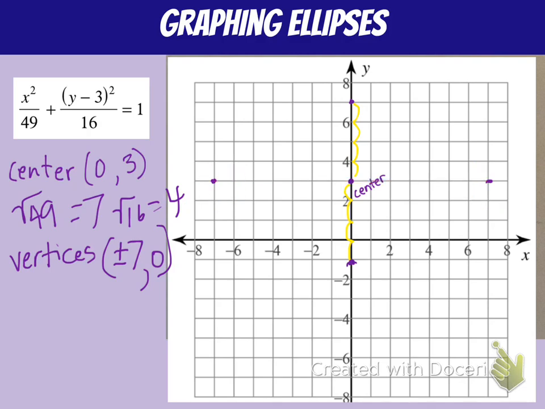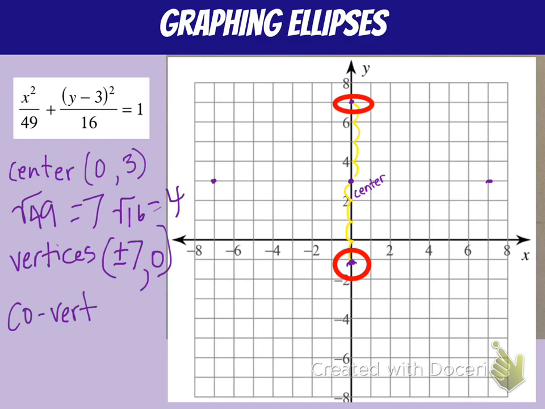So, next we'll do our minor, which is going to be our co-vertices. And I'll look for those. Now these, because the center moved up, we really have to think about. There's one located right here, and there's another one located right there.